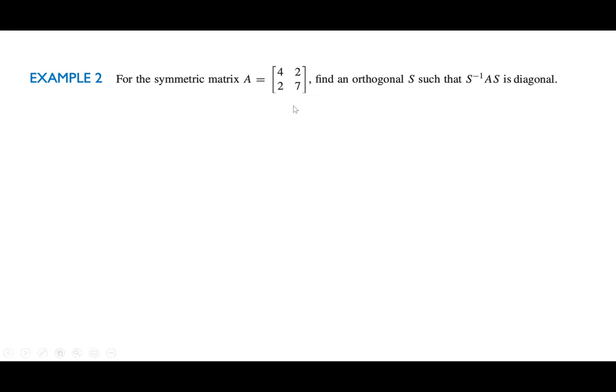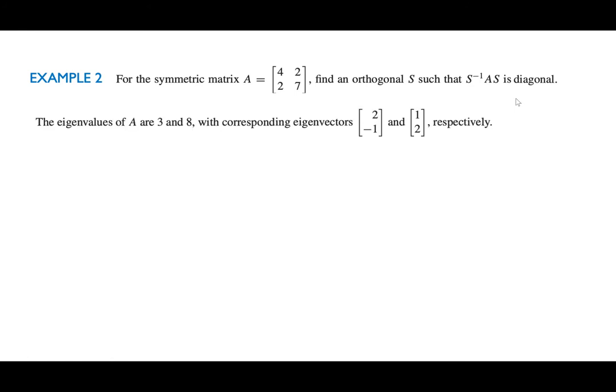So suppose we have some symmetric matrix, this one, 4, 2, 2, 7. Then if the spectral theorem is true, we should be able to find an orthogonal S that diagonalizes A. So how do we do this? Well, as part of your pre-assignment, you've already shown that the eigenvalues of A are 3 and 8, with corresponding eigenvectors (2, -1) and (1, 2), respectively.